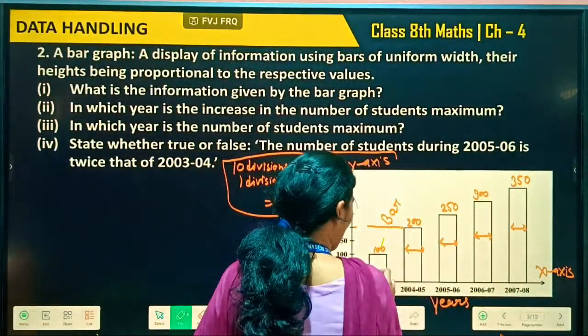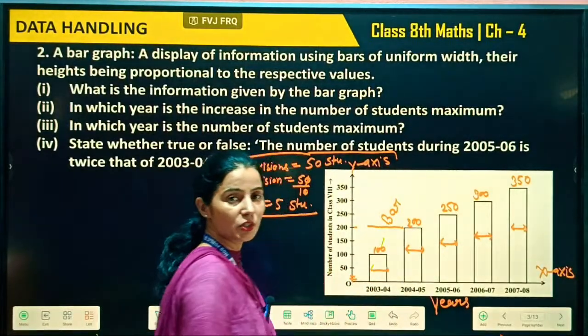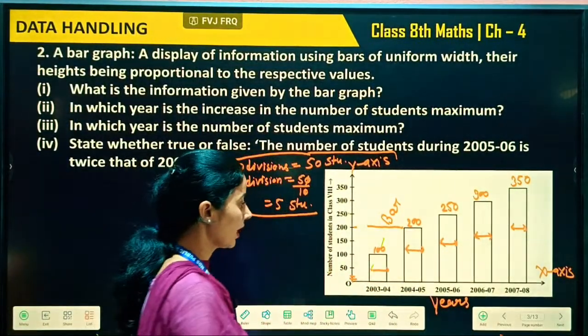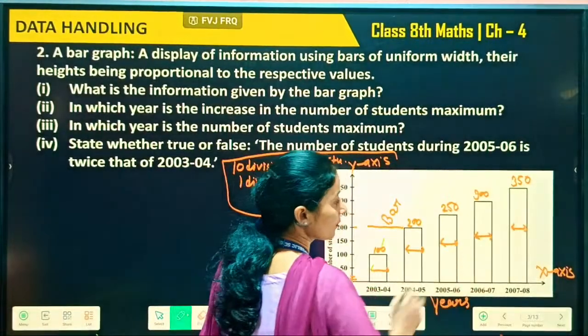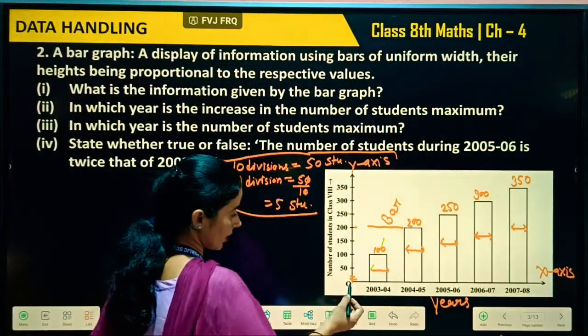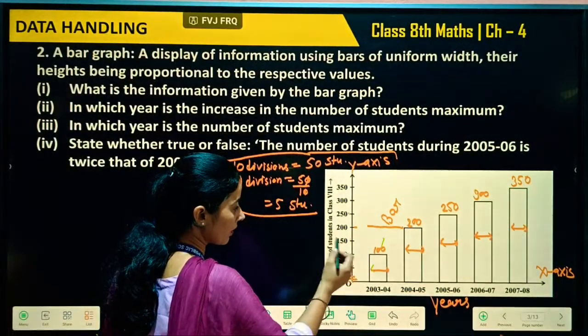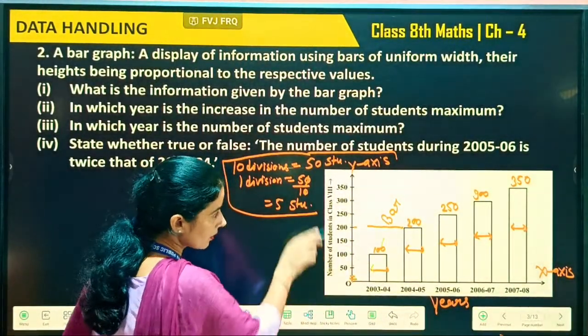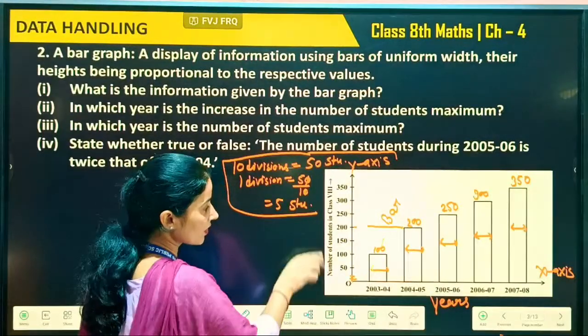And these bars must be of equal width, and the gap between these also must be equal. And second thing, see 0 to 50, 50 to 100, 100 to 150. This interval is regular.